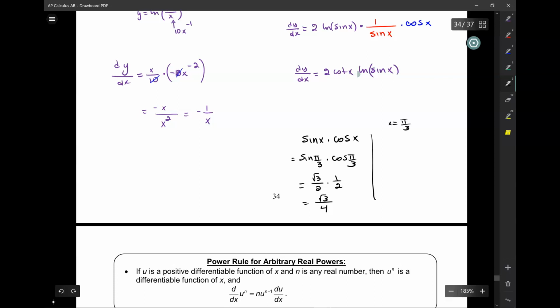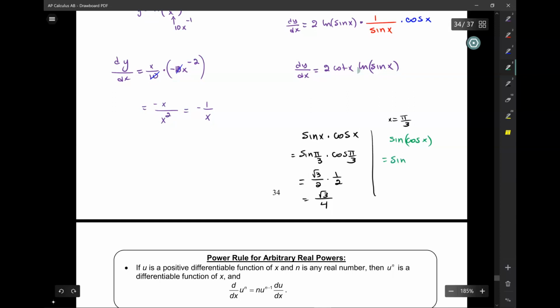Now, as opposed to what some of you had done, write it like this: sine of cosine of x. If you drop that x, now it's sine of cosine of pi over 3, which is sine of 1/2, and sine of 1/2 is some completely different value, okay?